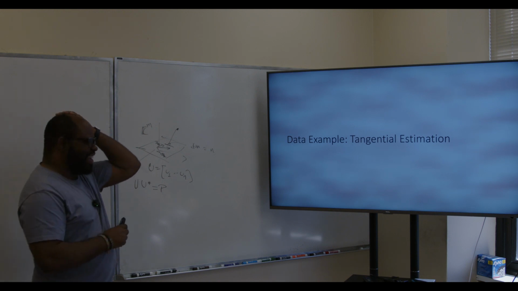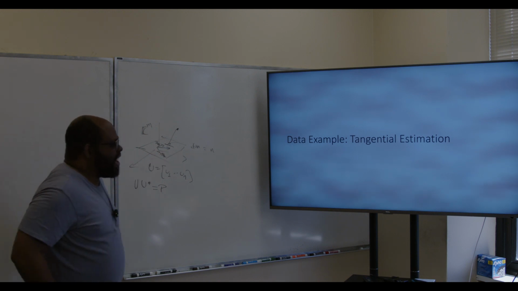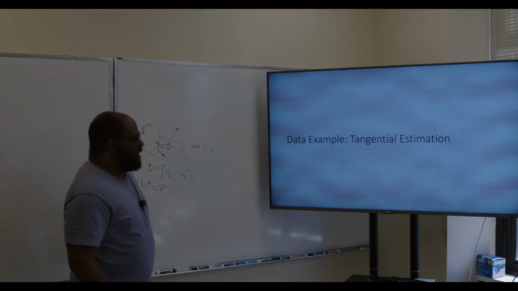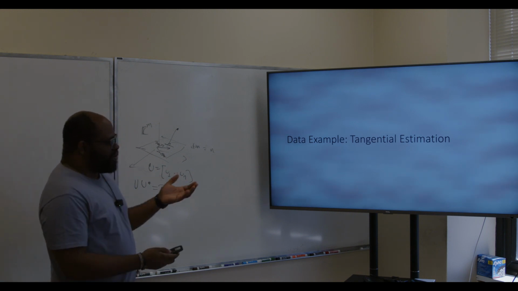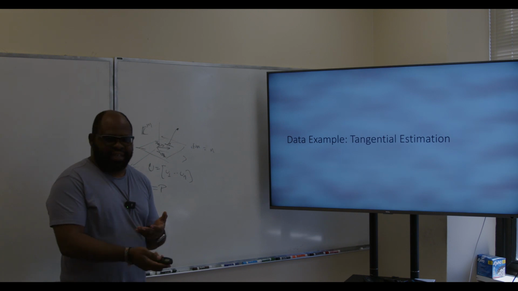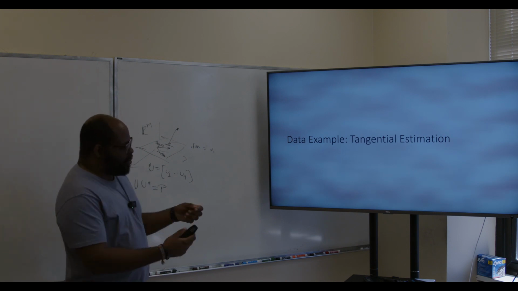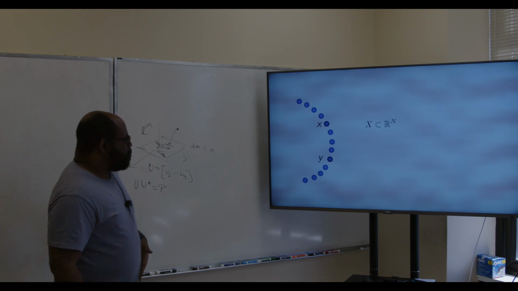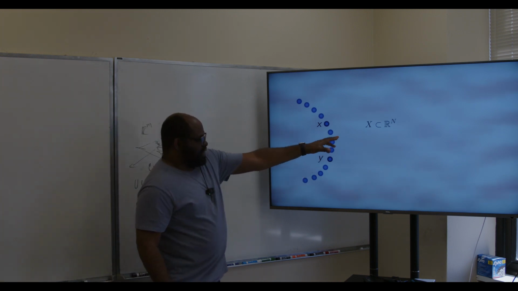Great question. The question I have in mind is tangent space estimation. Let me show you a construction that people utilize often in data science. Suppose that I give you a data set in R^n.